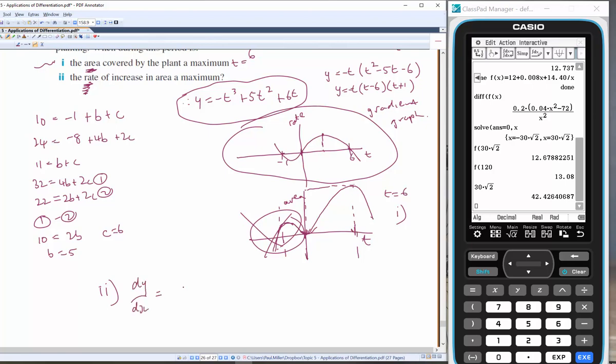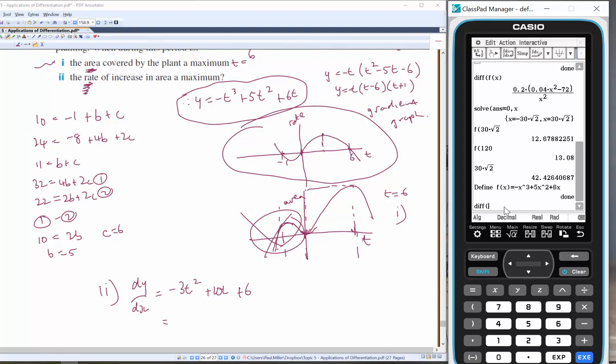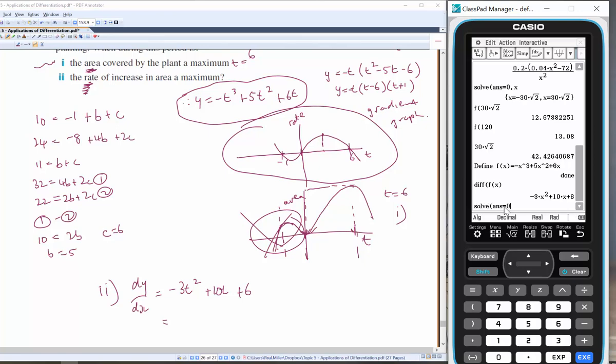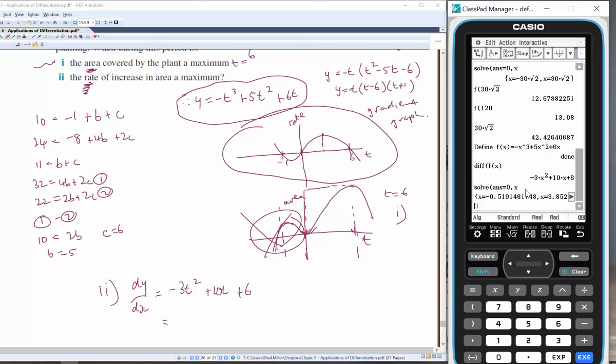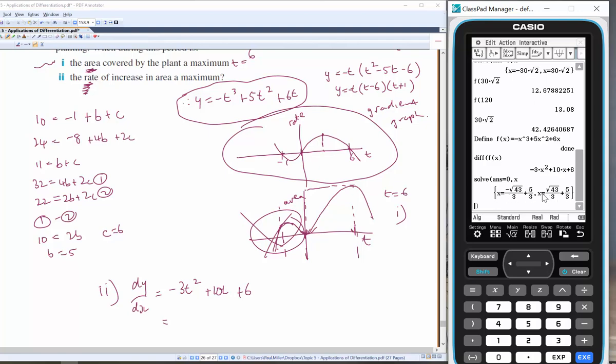We're going to go dy/dx equals negative 3t squared plus 10t plus 6. So we're going to say 0 equals negative 3t squared plus 10t plus 6.